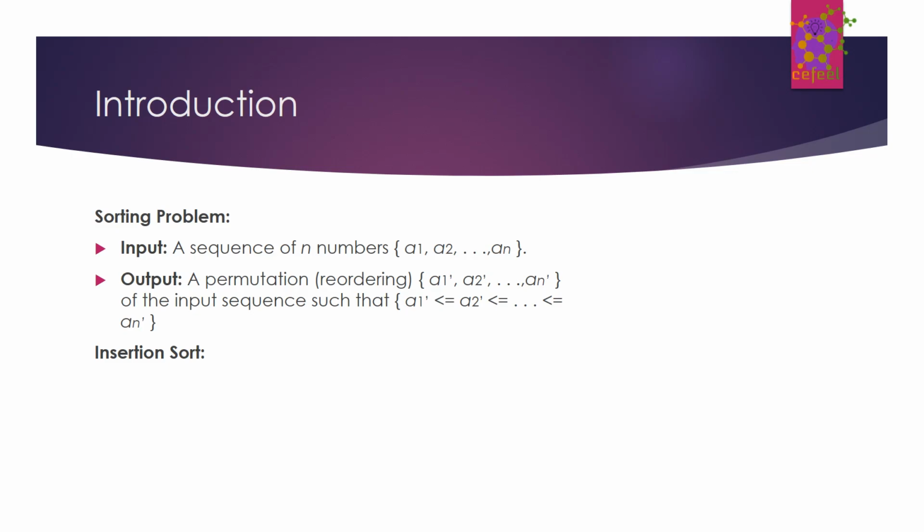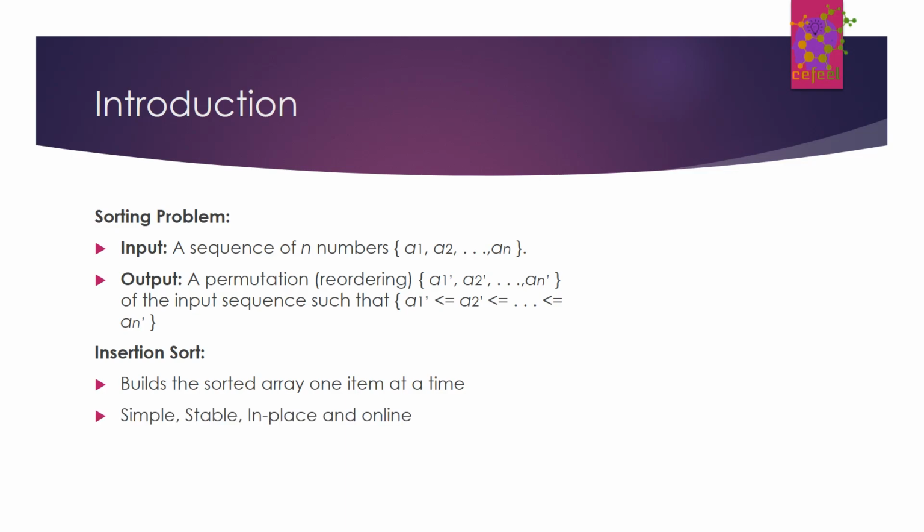So what is insertion sort, and how does it work? Insertion sort, as I said, is a very simple algorithm, probably one of the simplest which exists, and what it does is it builds a sorted array, which means every time it increments the sorted array by 1, and it keeps doing that till we complete the entire array.